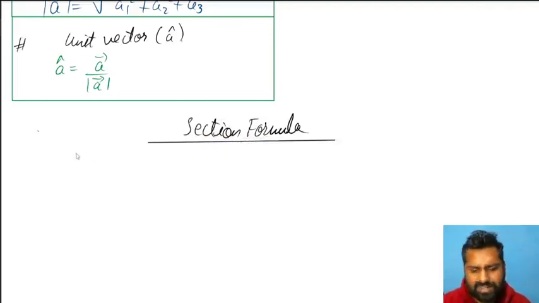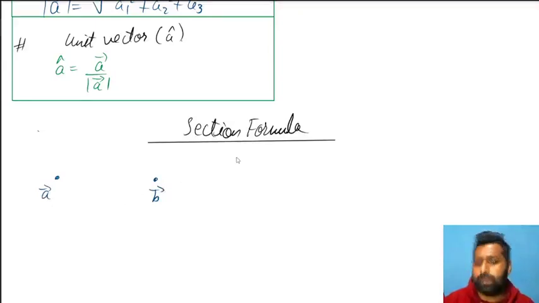Again section formula, the idea was you had a point in between a line segment and it divides it in some ratio. Same pretty much idea here also. So let's say you have 2 points. This time the point will be represented by a vector, position vector. So let's say this point A has a vector as position, this point B has b vector as position.